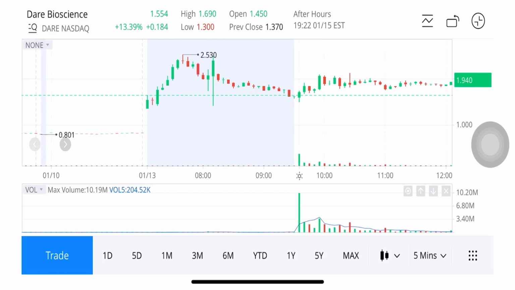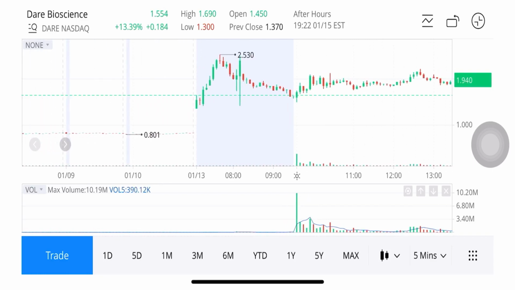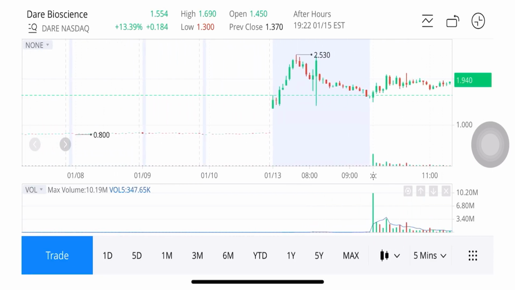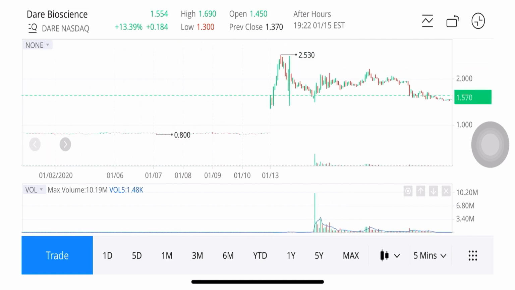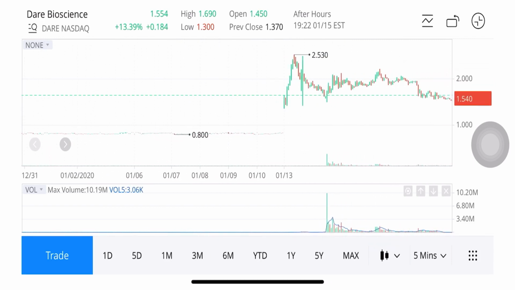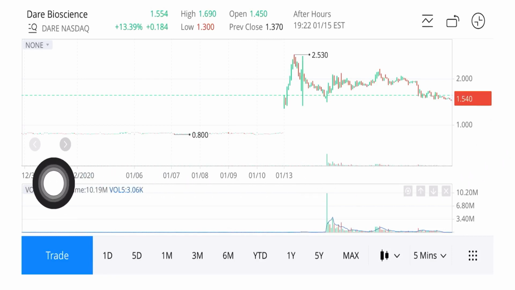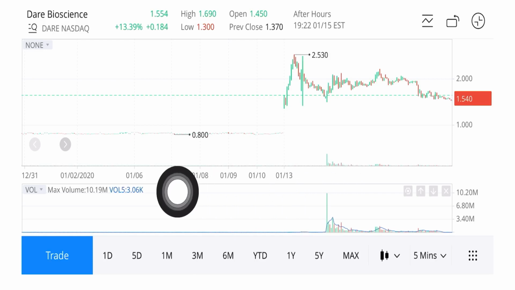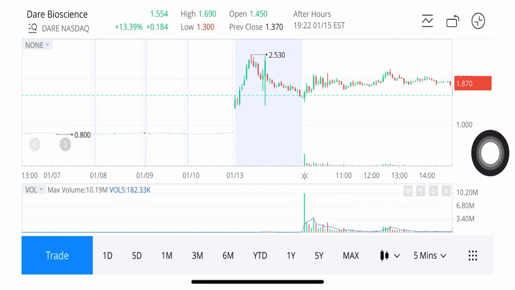So if you look at volume on other locations of this chart, even going back into December, there's no volume amount like this one right here. There's nothing comparable anywhere in this chart. So that's a key thing to understand.